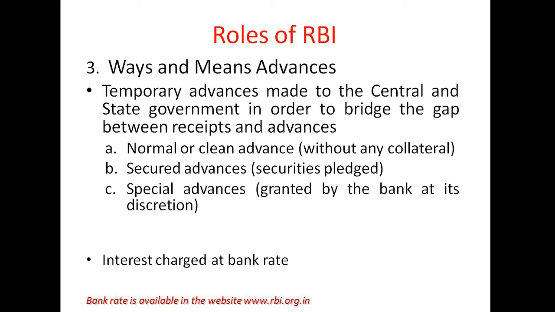It could be a secured advance where the government pledges securities with RBI, or it could be a special advance granted by the bank at its discretion. In either case, there is an interest charge out here and it is at the bank rate. In order to know the latest bank rate, please visit the RBI site.